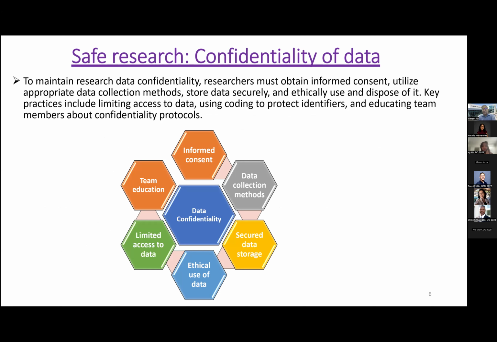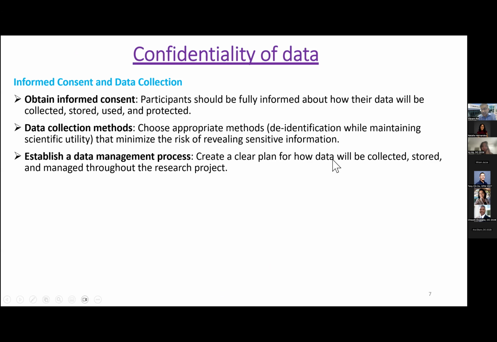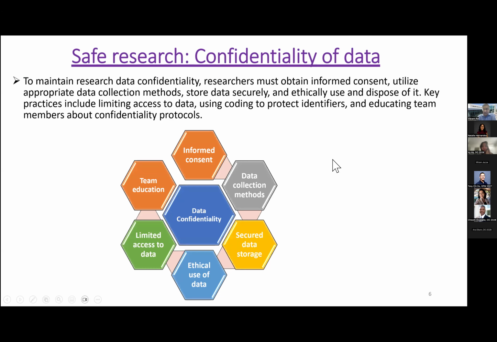Confidentiality of the data. Some of the terms will again be redundant. Confidentiality of the data comprises a few things depending on whether you are doing clinical research or basic research, so I will be discussing both. If you are doing clinical research, then the first and foremost important thing is informed consent.